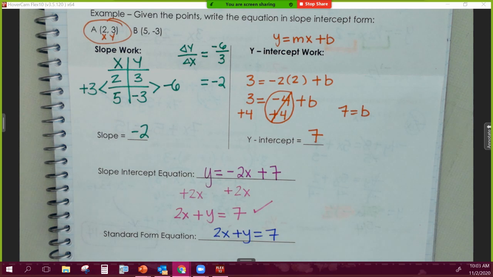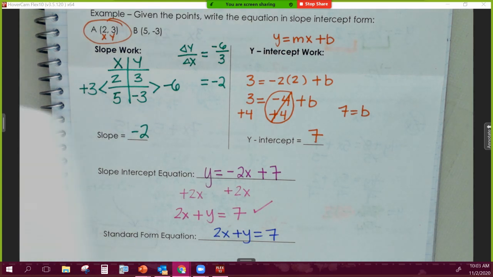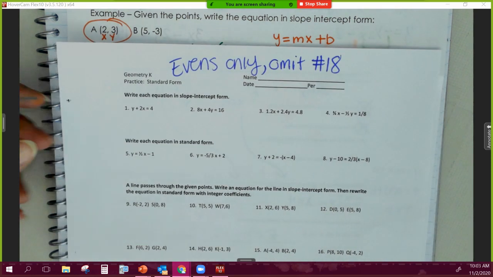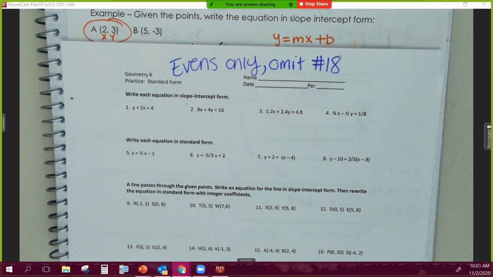Okay, so for your practice today, I'm cutting your work in half. Evens only, and cross out or omit number 18.